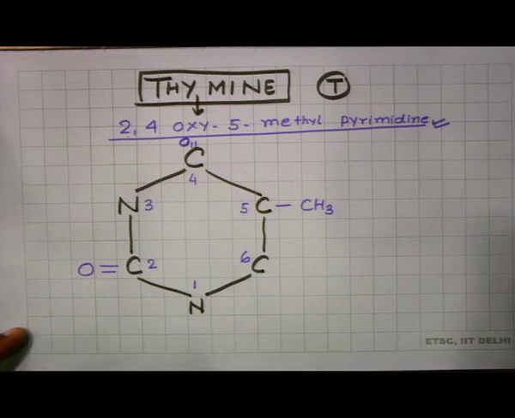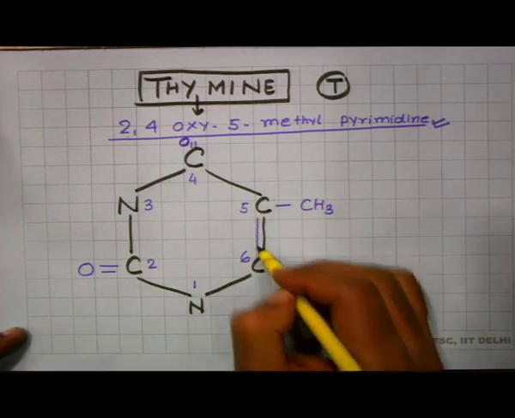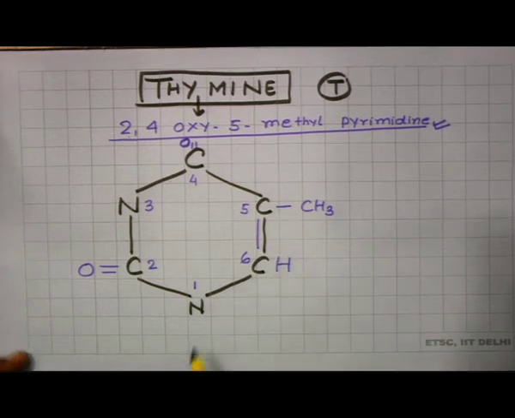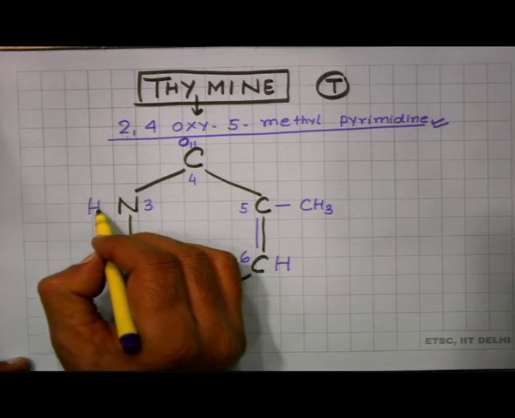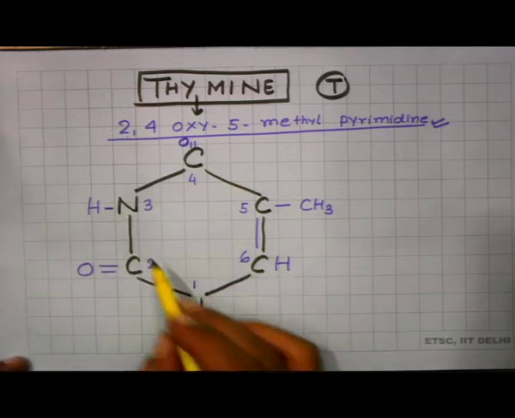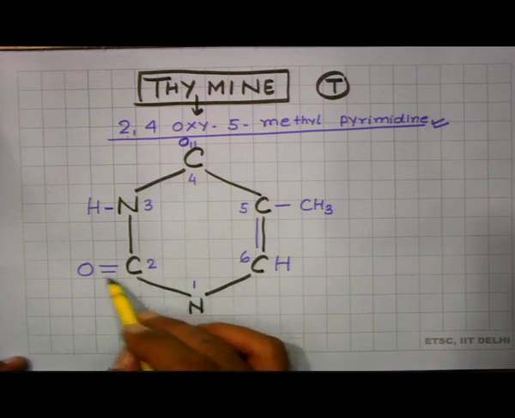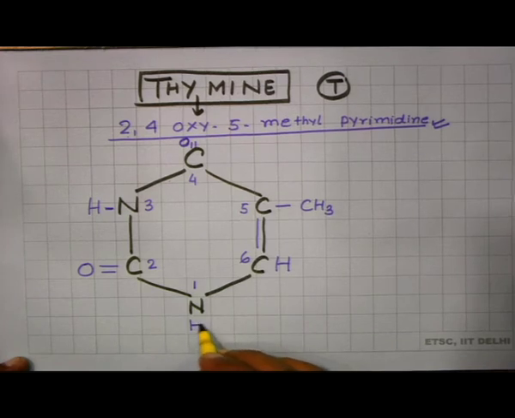So, here carbon has 1, 2, 3. So, by placing here double bond, here nitrogen has 1, 2. So, 1 hydrogen is placed here. So, nitrogen has 1, 2, 3, carbon 1, 2, 3, 4, here nitrogen has only 2. So, hydrogen is placed here.